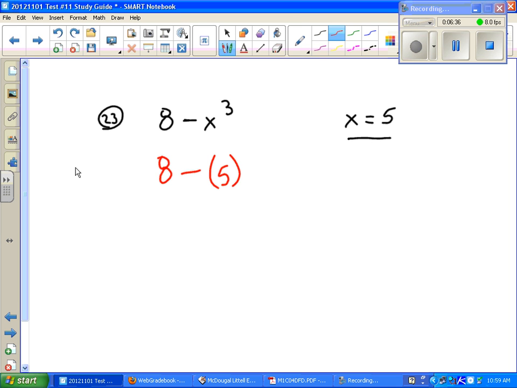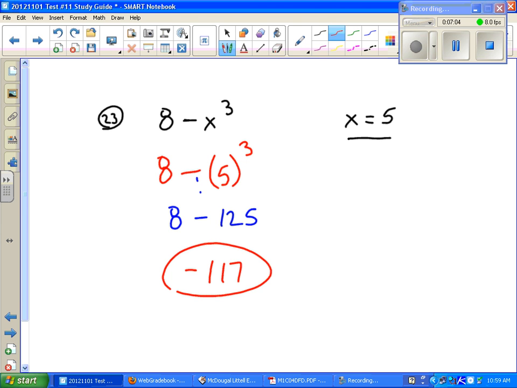So it'll be 8 minus 5 cubed. 5 times 5 would be 25, times 5 more would be 125. So what you wind up with is 8, and then you have to bring this minus down. It's not part of the 5 that's cubed. So 8 minus 125 is going to be negative 117.